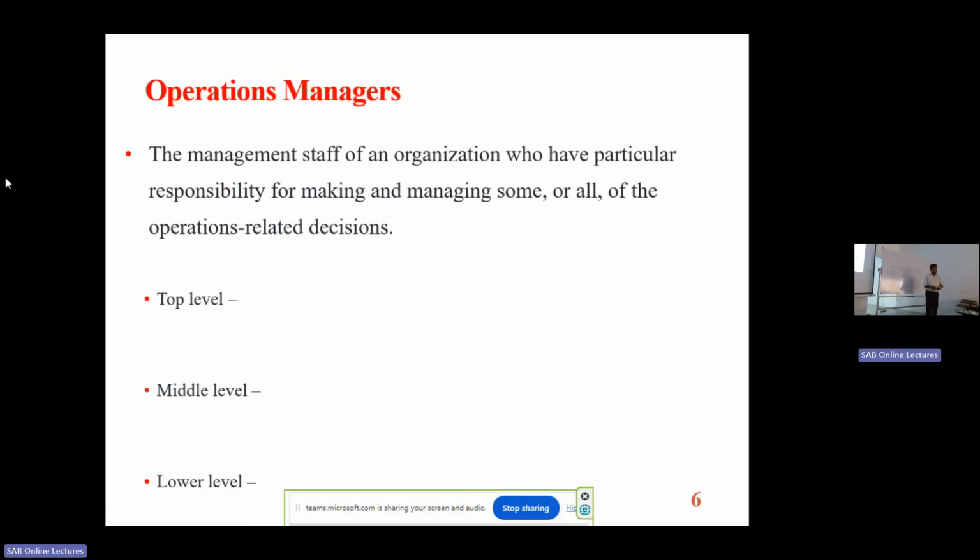Supervisors, operations and production supervisors. What are the other titles? Production executives. So they are mainly responsible for getting things done from the workers, implementing the strategies and decisions coming from the top.